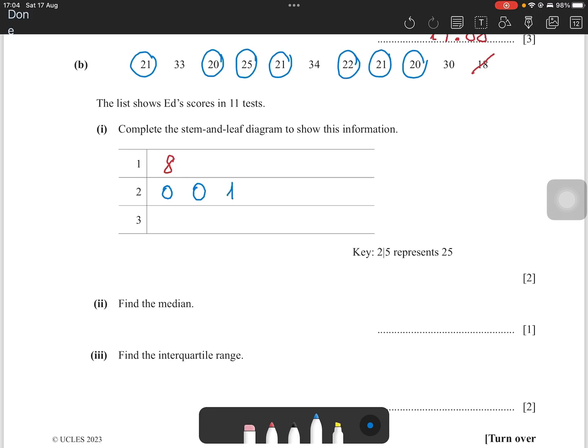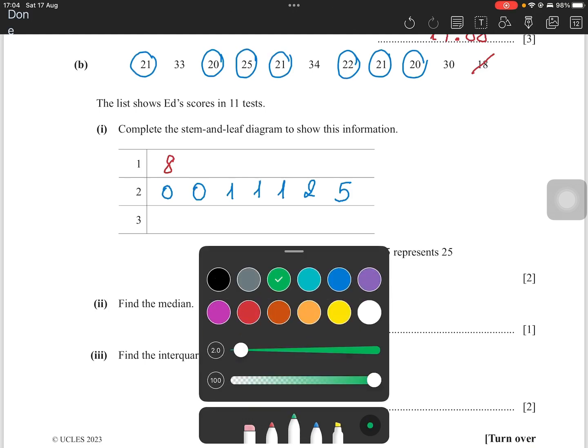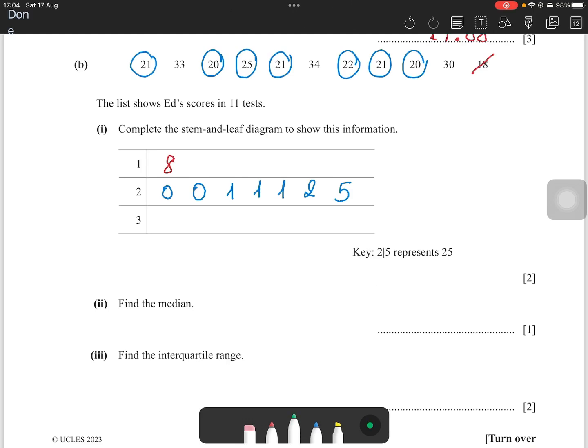And then we have 3 numbers, 21, and then 22, 25. So we have 7 numbers. That's correct. Next, for the numbers that have the tens digit of 3, they are 33, 34, and 30. So we arrange them from smallest to greatest, 30, 33, and 34.